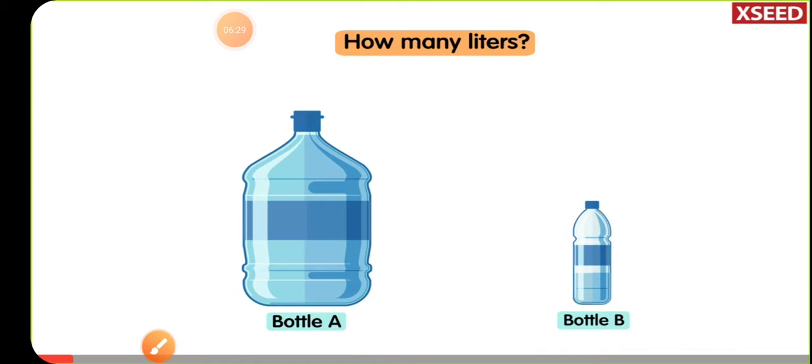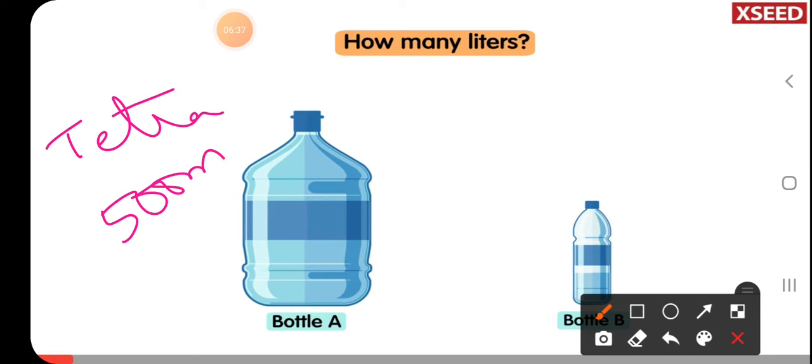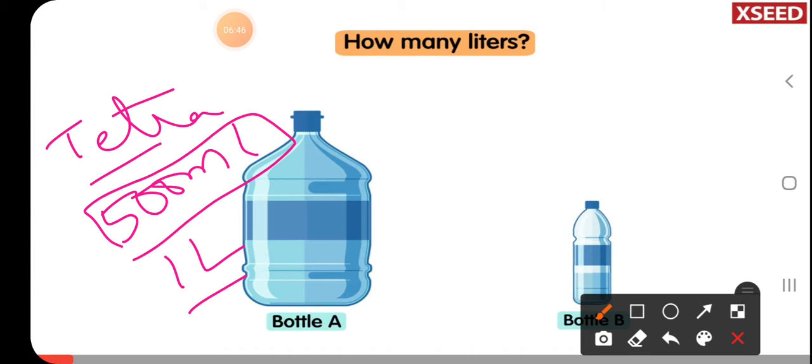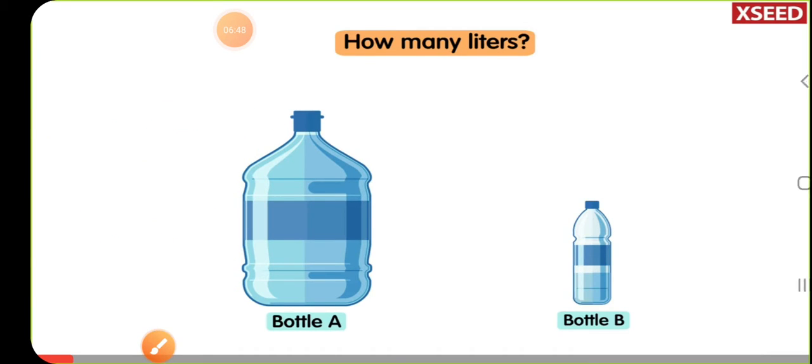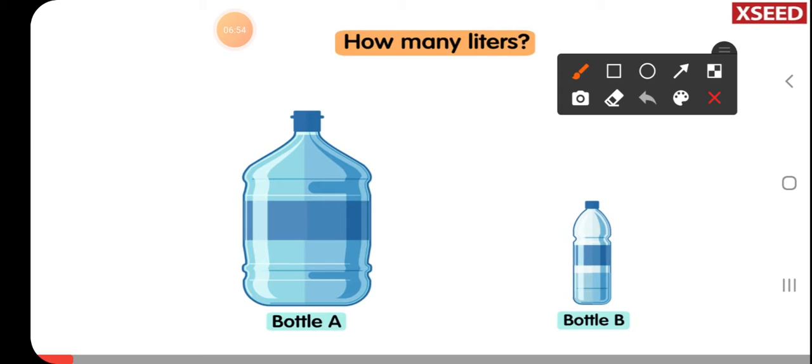Okay children, in our earlier activity when we were discussing a Tetra Pak, a 500 ml bottle and a 1 liter bottle, you can see the Tetra Pak and the 1 liter bottle have the maximum capacity compared to the 500 ml bottle. So this picture also gives you an idea that simply by seeing the object size we can say about the capacity of those containers.